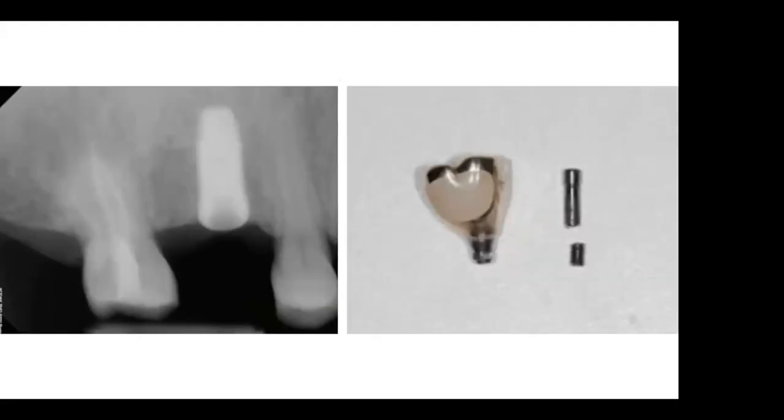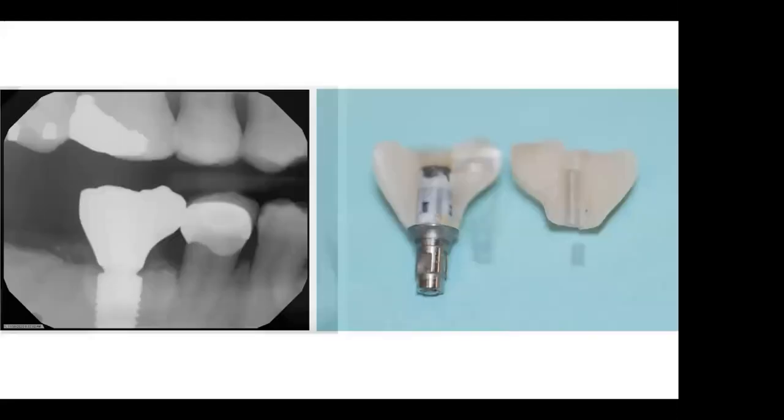If you let the screw loosening go, if you just keep watching it doing nothing, then the screw will just come out completely, or it can even fracture. So that will cause the crown dislodgement and the loss of the crown.